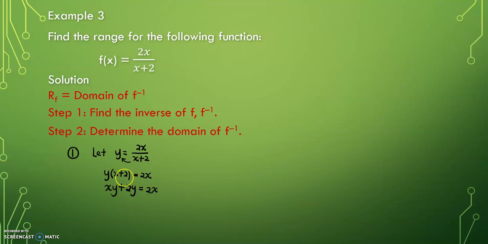Since we want to solve for x, I will move 2x to the left hand side. You can see that this term does not consist of x, so I move it to the right hand side. So from here, I will have xy minus 2x equals negative 2y.